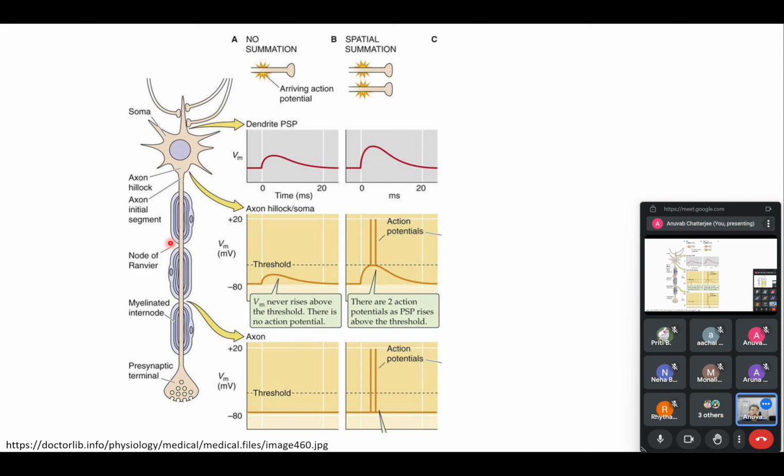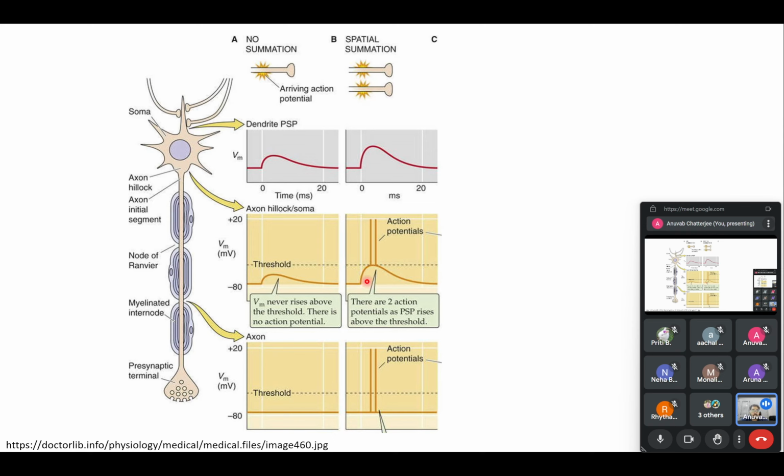But what if two of these multiple axons which connect the neuron to the dendrite fire at the same time? The neurons actually can have multiple axons that connect to different dendrites. Say two of them actually fired at the same time, then we essentially have a bigger depolarization.